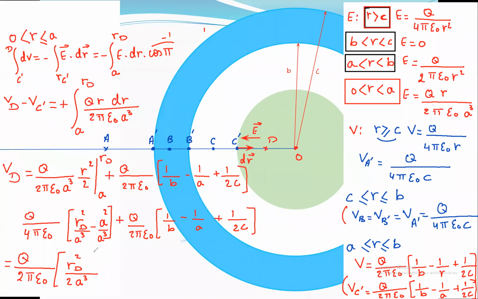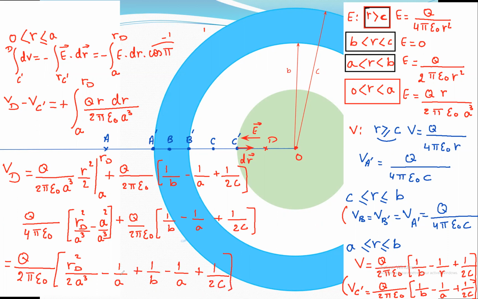rD square divided by 2A cube, because 2 times 2 equals 4, minus 1 divided by A, plus Q over 2 pi epsilon 0 times 1 over B minus 1 over A plus 1 over 2C.